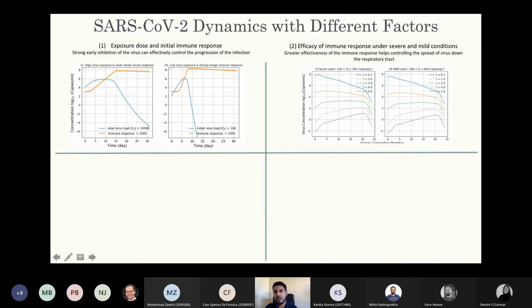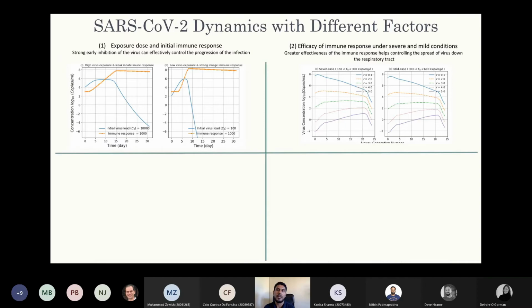For example, this graph shows how the immune response by T cells impacts the overall virus load along the respiratory tract in severe and mild conditions with respect to different T cell generation rates, represented by R. You can see, however, in these two graphs, in severe and mild conditions with respect to T cell level, we can't really see any significant change.